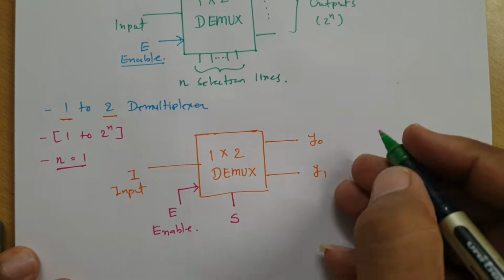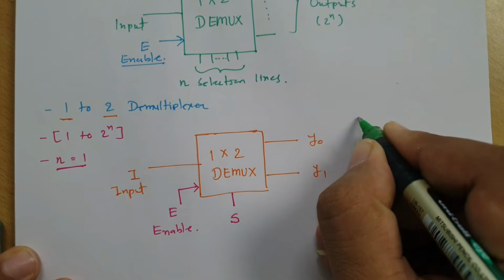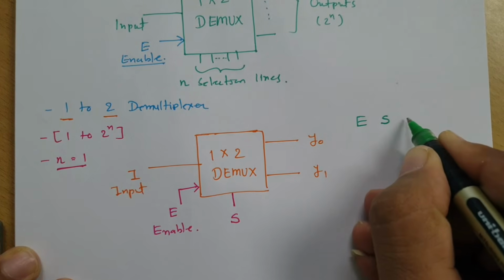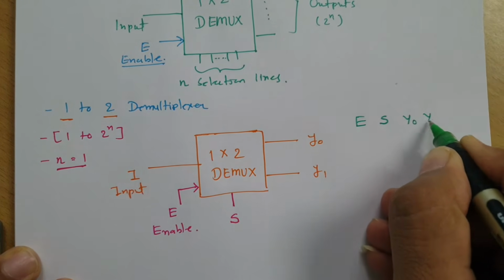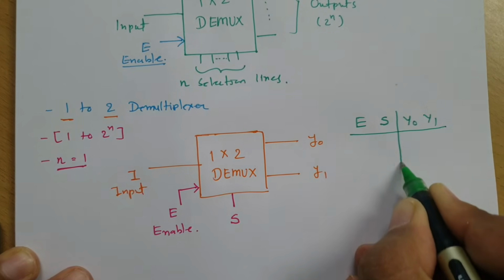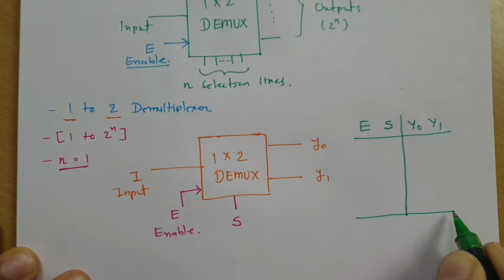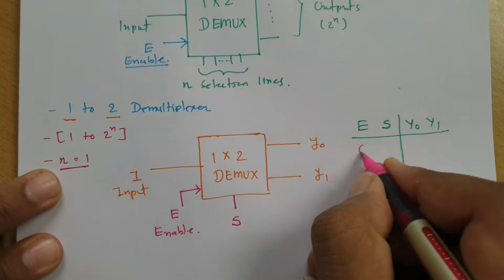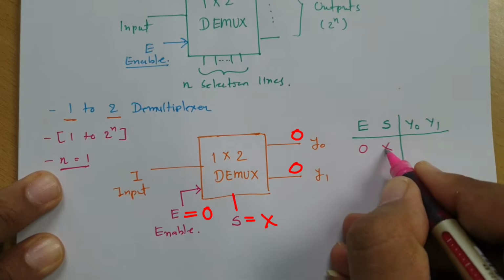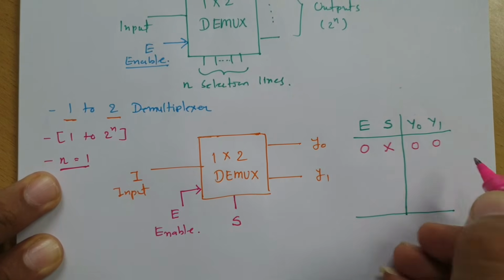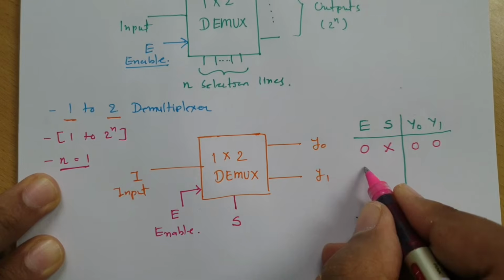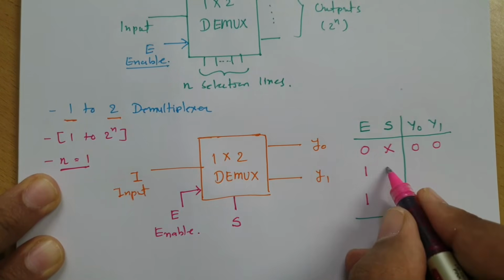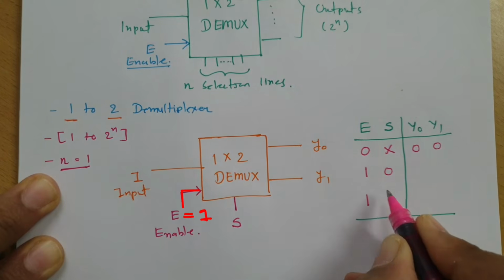Let us try to understand this by a truth table. At the input side we have the enable terminal and selection line, and at the output we have y0 and y1. If enable is 0, then no matter what the selection line is, the outputs stay 0. But if enable is 1, there are two possibilities: selection can be 0 or 1.